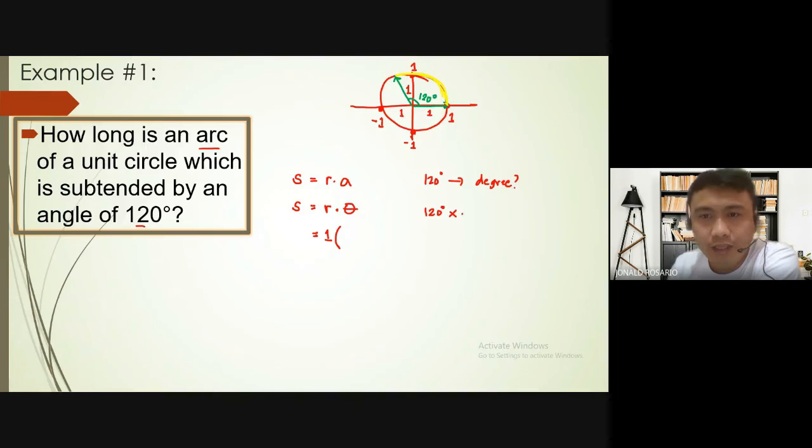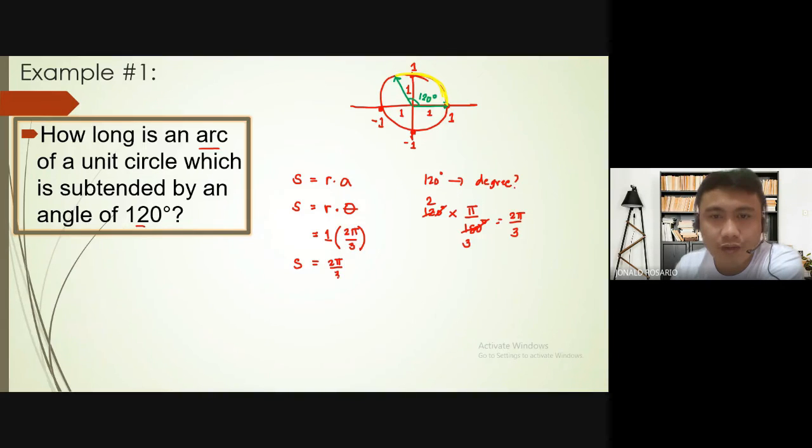Ang gagawin lang natin is to multiply by pi over 180 degrees. So cancel na lang yan. So pwede natin silang i-divide sa 6. So 12 divided by 6 is 2. 18 divided by 6 is 3. So we have 2 pi over 3. So the arc length is 2 pi over 3.